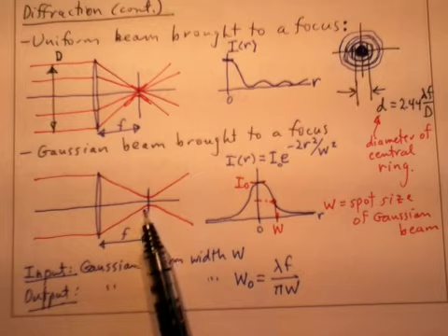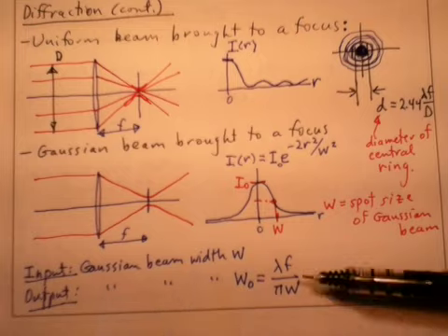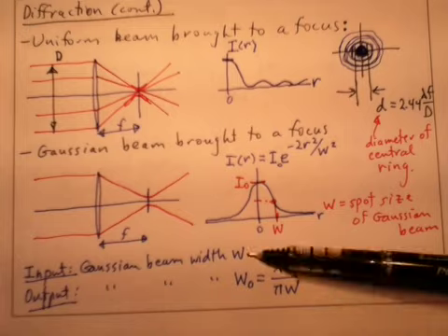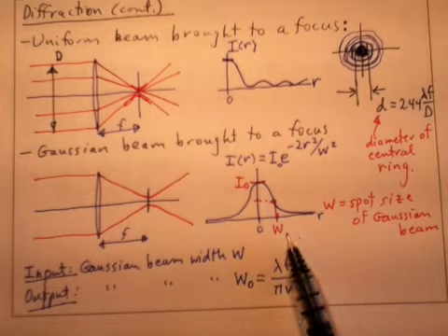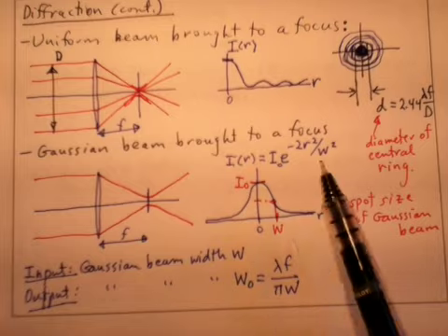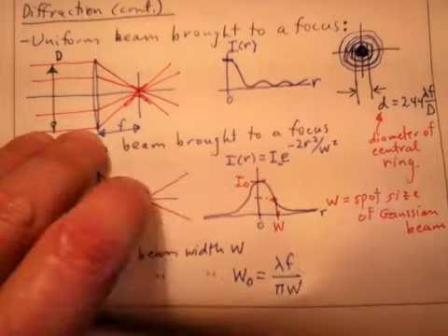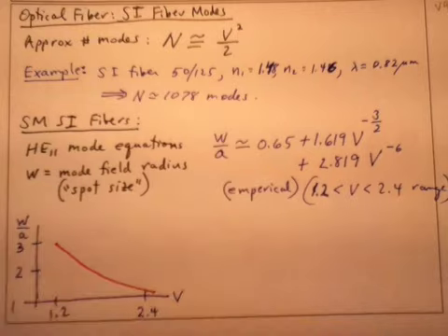And it turns out that if the input is a Gaussian beam, the output is also a Gaussian beam. And we could calculate the width of the output Gaussian beam based on the width of the input. And when we draw that Gaussian beam profile, we use W to be the spot size, which characterizes the width of that Gaussian, using this equation up here. Okay, so W is the spot size in exactly the same way that we used it in Chapter 2.